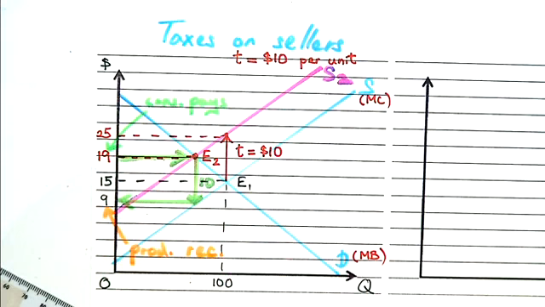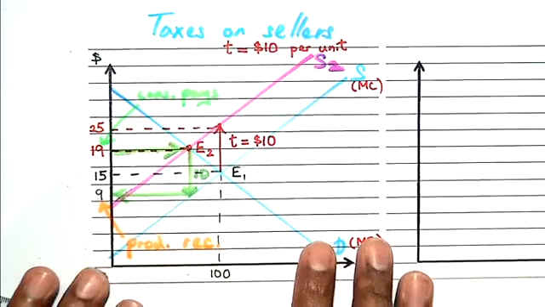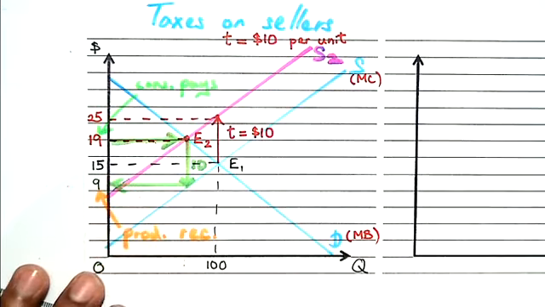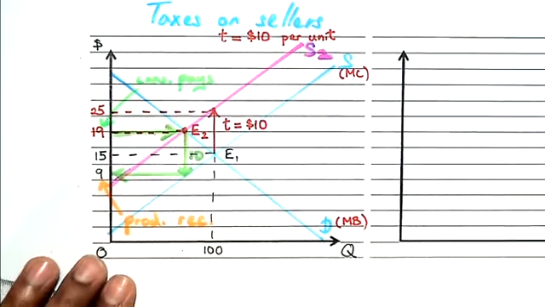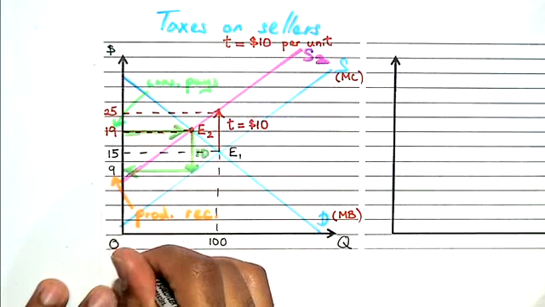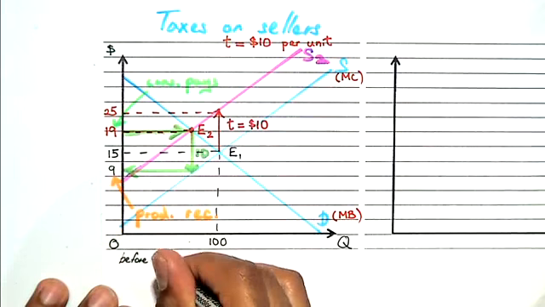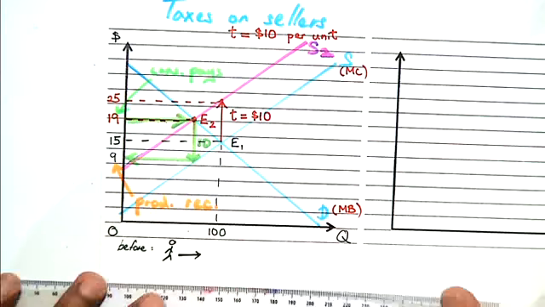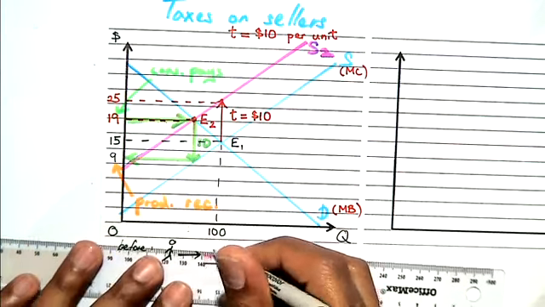How much have you effectively lost as a consumer? Here you compare before and after the tax. What did the consumer pay before the tax? 15.